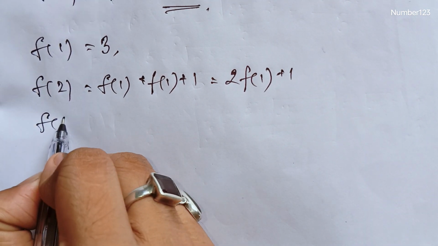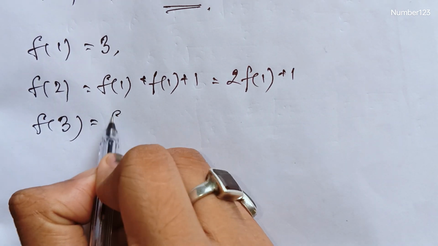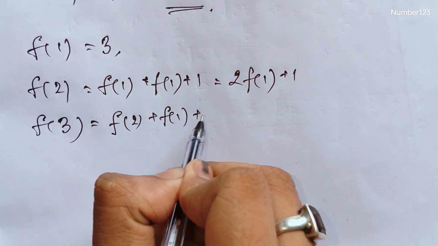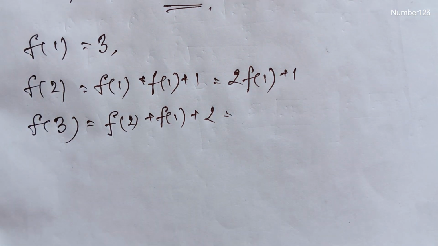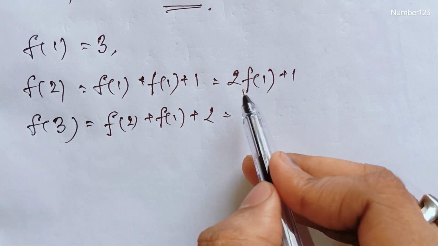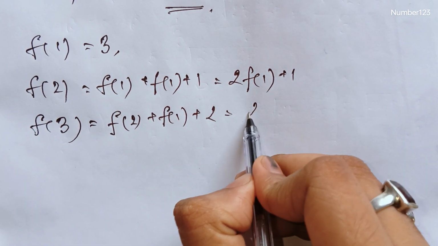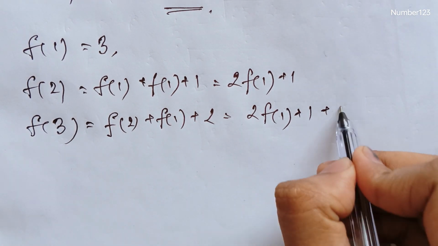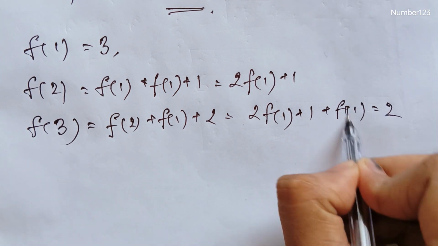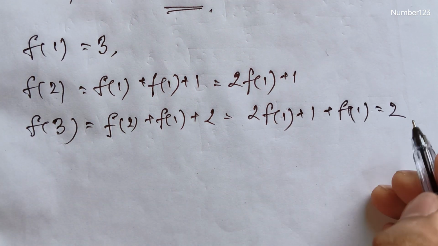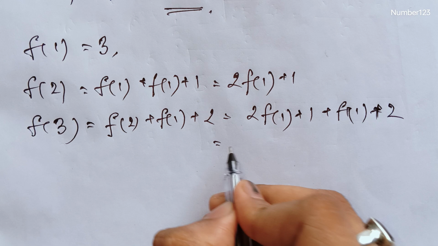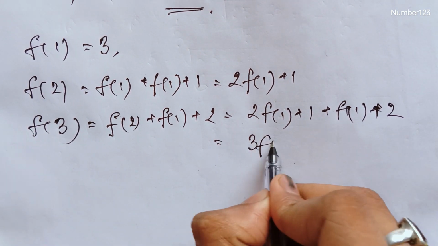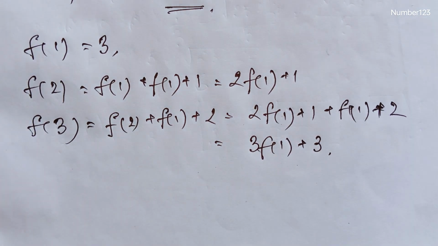Next term f(3). f(3) means f(2) + f(1) + 2, and f(2) means 2f(1) + 1, plus f(1) plus 2. So we get 2f(1) + f(1), that is 3f(1) + 3.